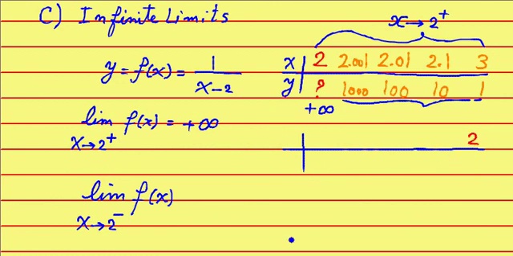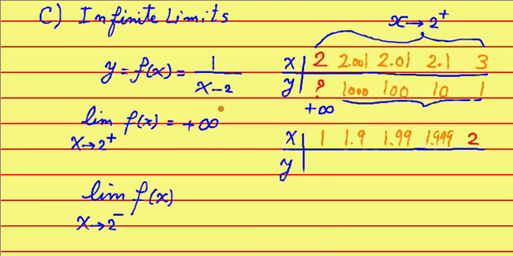Here's my x and y. Choose my numbers. Okay, what's a good number to start with? I'll say 1, and then I'm going to take another step, 1.9, 1.99, 1.999, and so on. What happens to my y's?